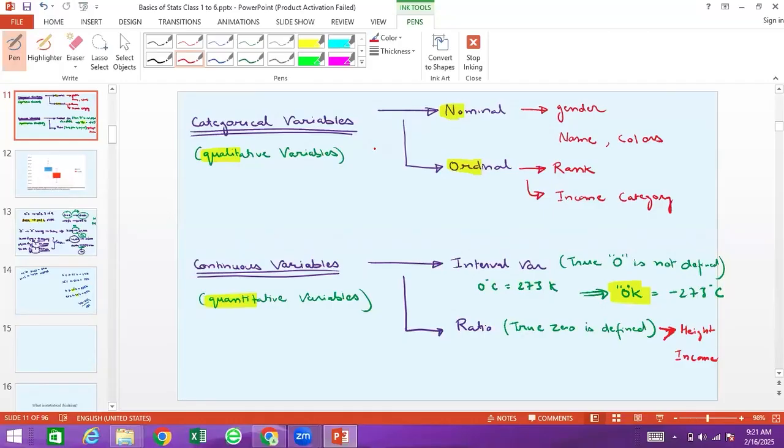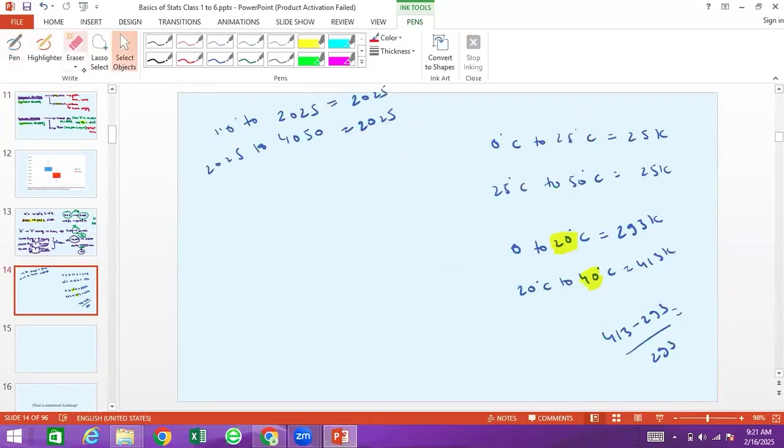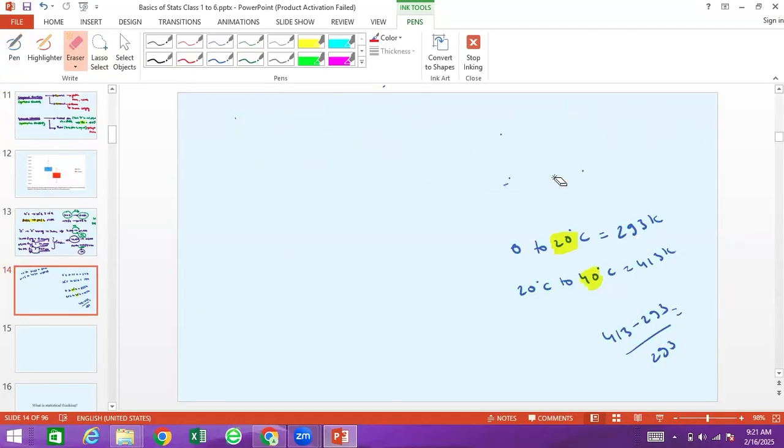a continuous variable. Similarly, if I have age groups like, let's say, 0 to 10, 10 to 20, 20 to 30, what kind of variable will that be? Continuous.